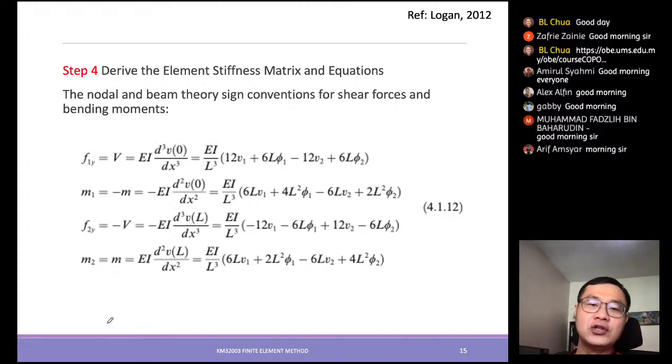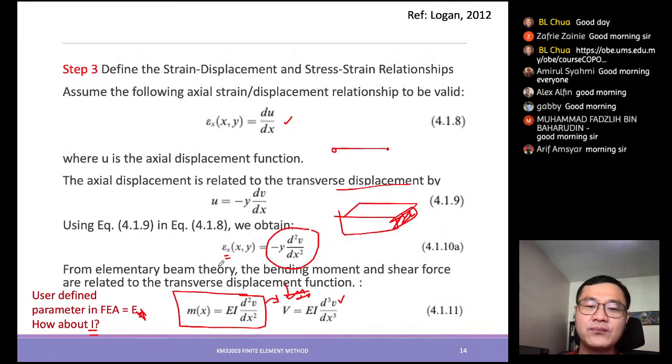So further on the element stiffness matrix, from our previous nodal and beam theory sign conventions, we can just substitute in all the ingredients that we have formed previously.